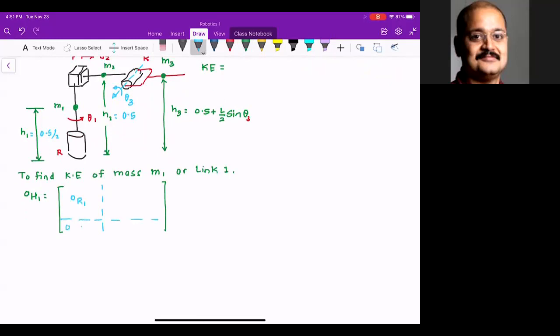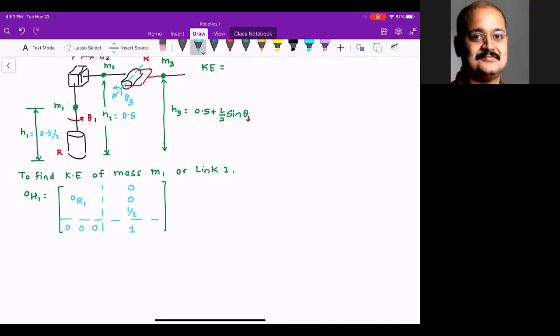There will be 0, 0, 0. There will be 1 here. And now you should tell me the equation for px. Equation of py. Equation for pz. 1 by 2, so 0.5. Is this the equation that you have? Everyone good with this?